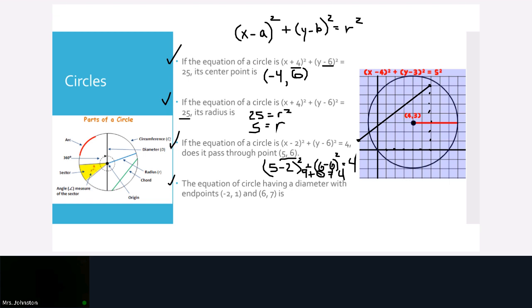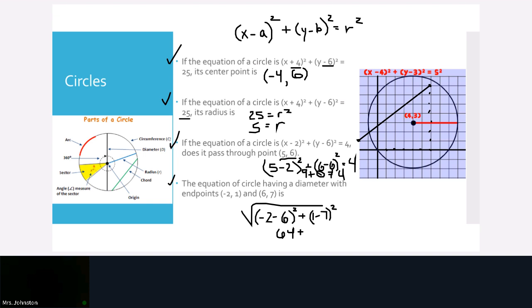So the distance between these two points, we'll use our old friendly formula, square root of (-2 minus 6) squared plus (1 minus 7) squared. -2 minus 6 is -8 squared is 64.